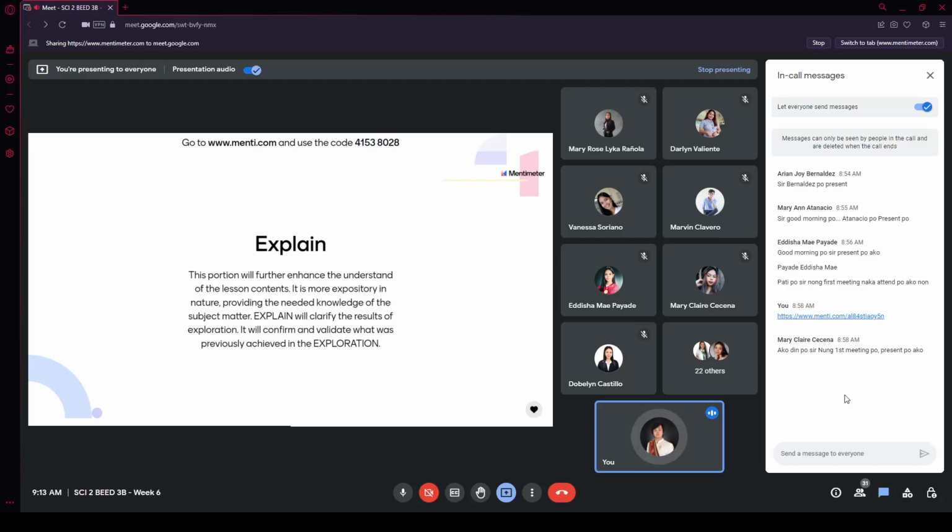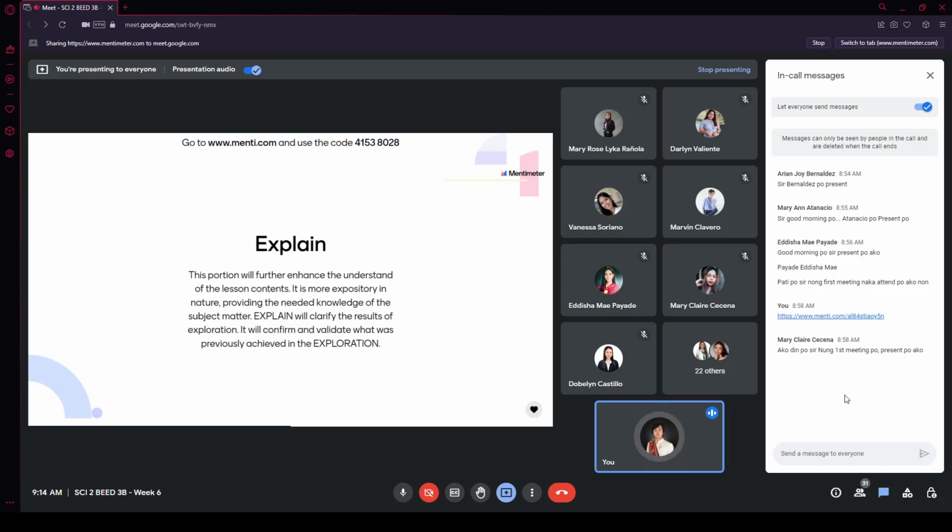Because for college, that's andragogy. For elementary and high school, that's pedagogy. We do things differently in college, right? Of course, because of the principles behind andragogy. Okay, so in the explaining part, it's more expository in nature, providing the needed knowledge of the subject matter.